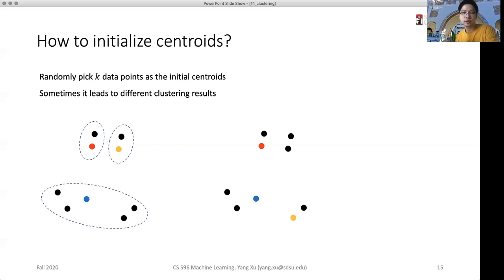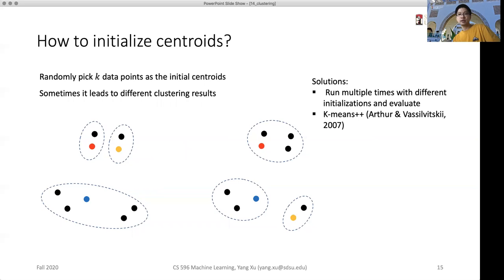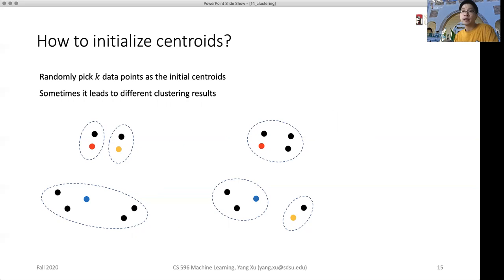Then what if we choose these 3 data points, the red, gray, yellow, and the blue? It may result in 3 clusters of different shapes. So that means the initialization, the way we select the k centroids, really matters to the results.